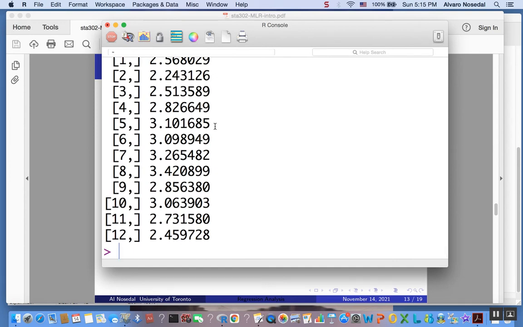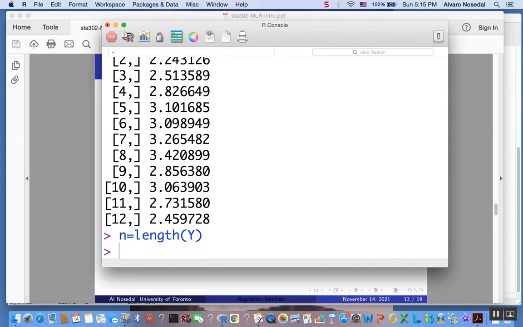Something else. How about we get our residuals using this approach? So let me create a variable n that gives you the length of the vector of observations. Now let me try and find the residuals using our H matrix. We know that it's going to be I minus H. That's the matrix that is going to help us find the residuals.